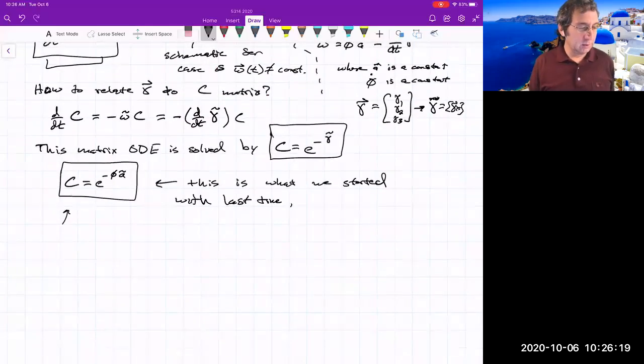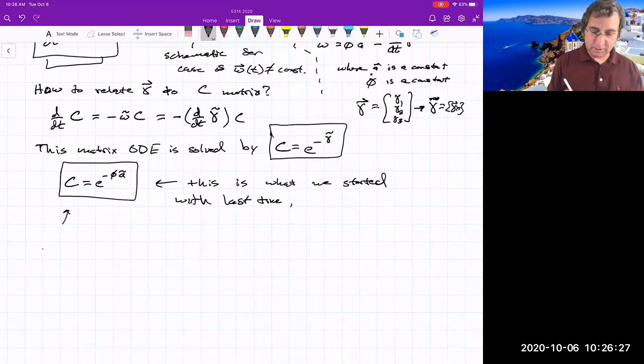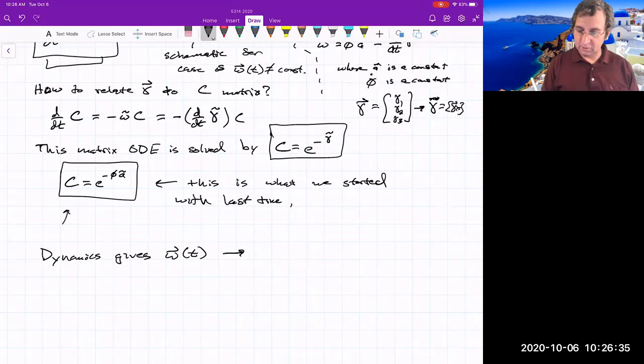So if you were solving a problem and you were able to get how omega changes as a function of time from the dynamics, then you could get the set of Euler angles as a function of time.